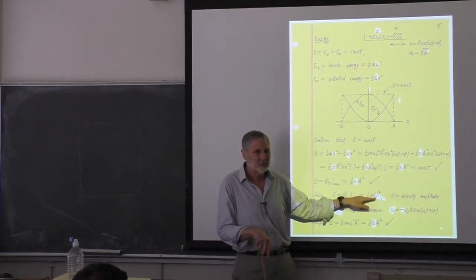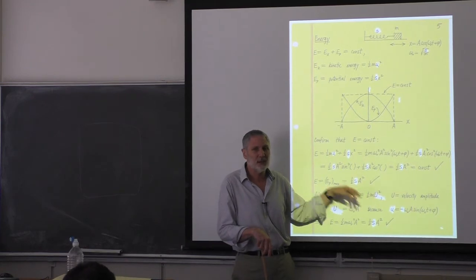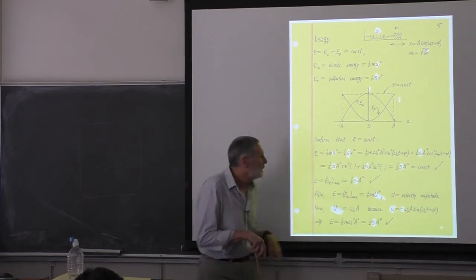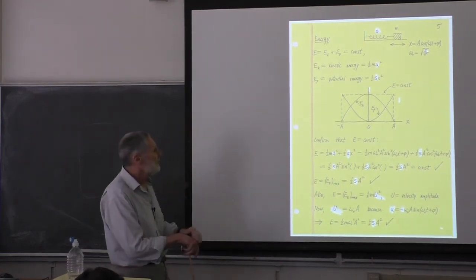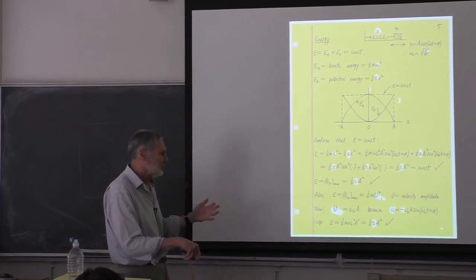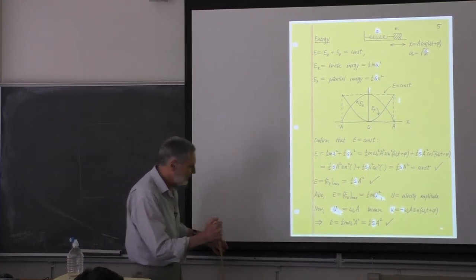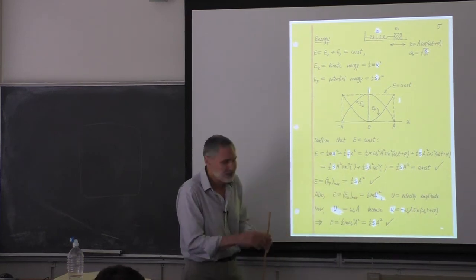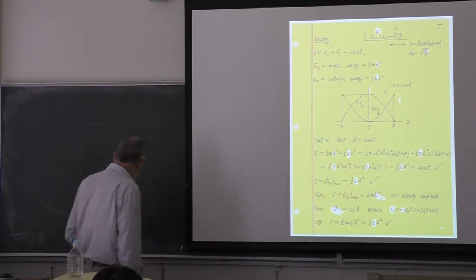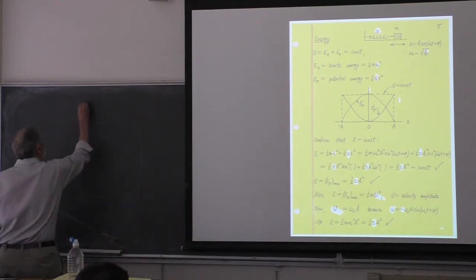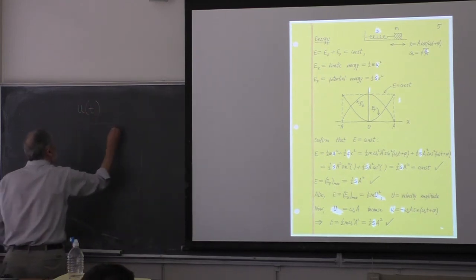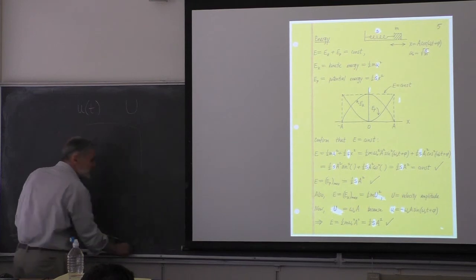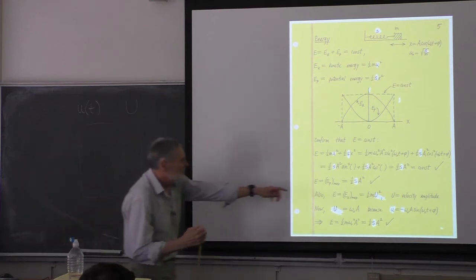This is a good thing, and I like this notation. It's not a big deal right now, but as we go on, there's going to be more and more notation. One thing you can almost always count on is that when you have a variable, in this case u, the velocity, which is a function of time, the capital letter is going to be used as the amplitude. So that's what we've done right here.